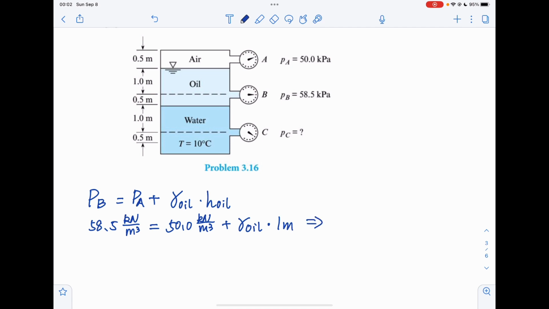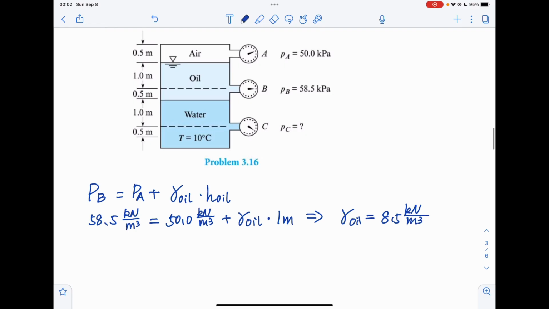Here you can easily find that the gamma of the oil is equal to 8.5 kilonewton per cubic meter.